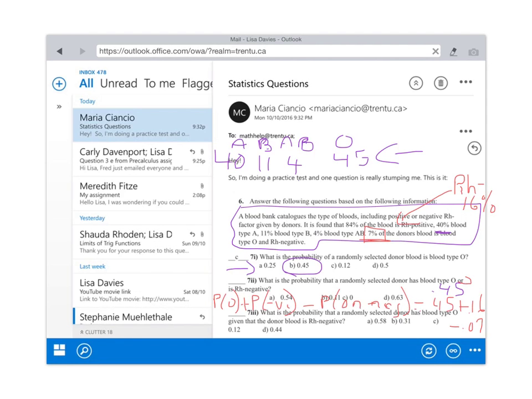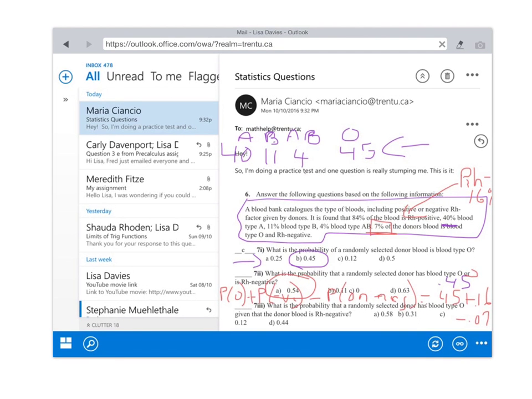So we end up with 0.61 minus 0.07, which leaves us at 0.54, I believe. I've written all over the answers, but this one here, 0.54, is the answer that you need for that one, okay?